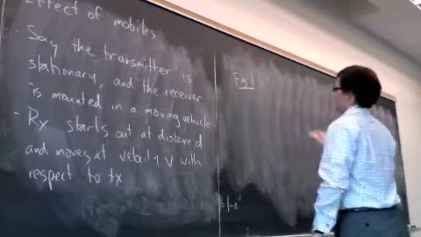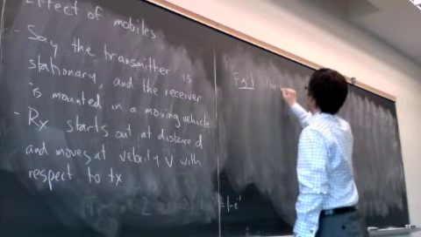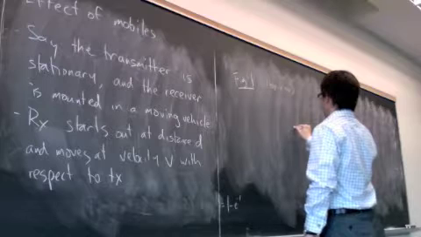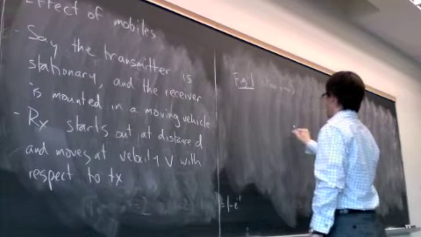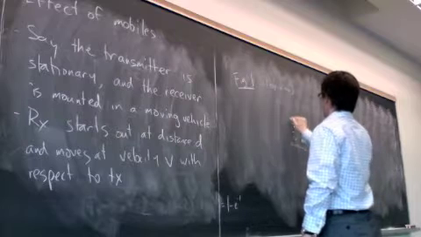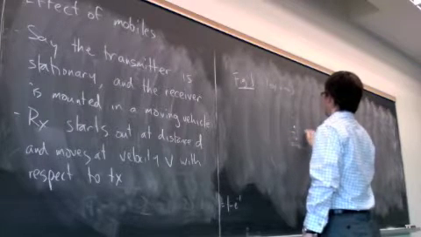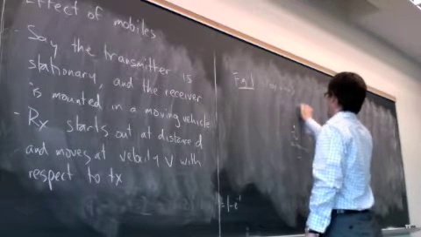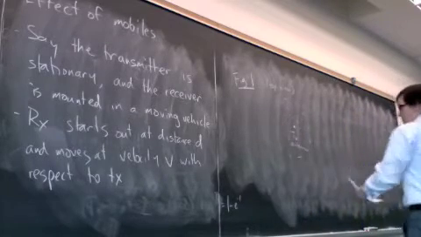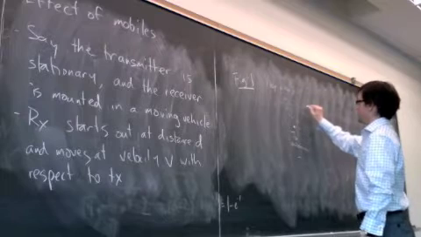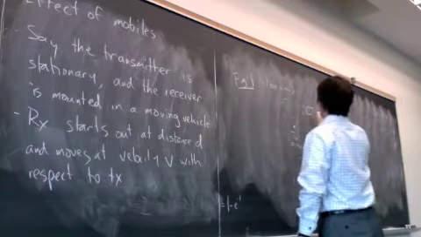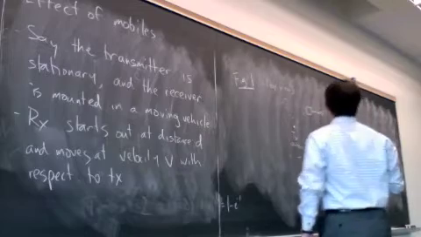So this is a top view. Here is my transmit antenna, transmitting EM waves isotropically out like that. And here is my car, and it is moving this way.